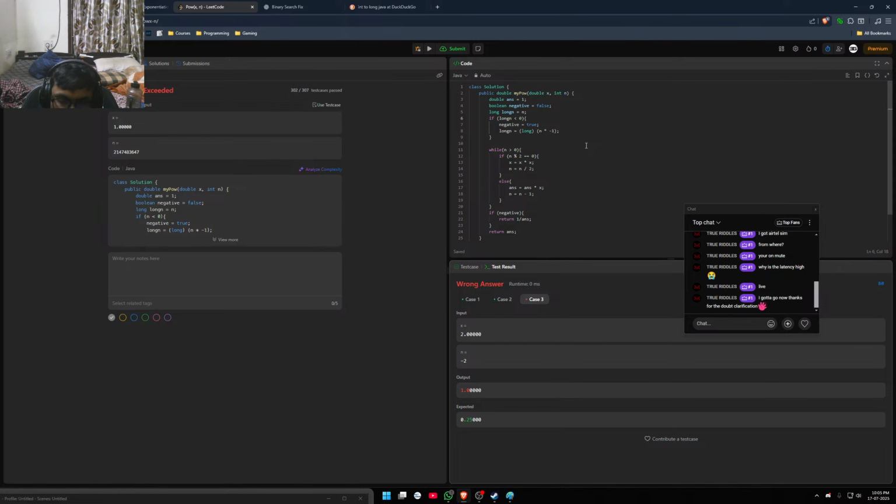2 power minus 2, which is 1 by 2 power 2. So 1 by 4. 1 by 4 is 0.25.